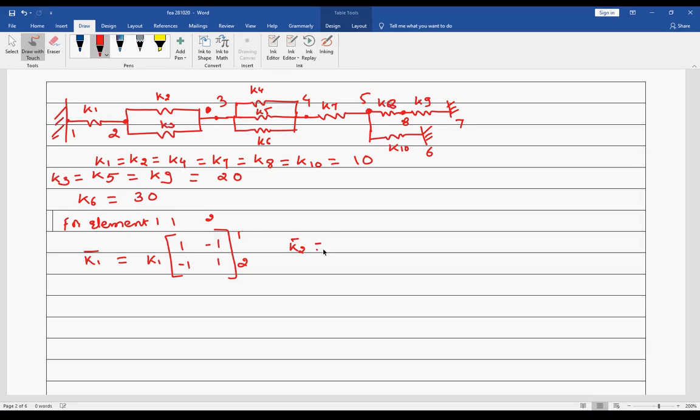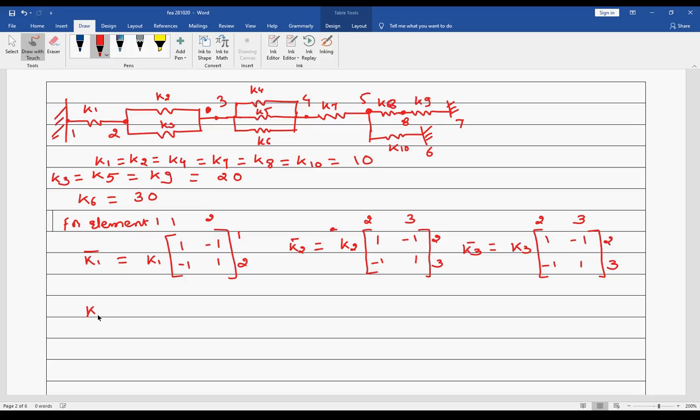Similarly, K2 bar will be equal to K2 times 1 minus 1 minus 1 1, and for K2 it will be 2 3 2 3. K3 bar would be equal to K3 times 1 minus 1 minus 1 1, and from the connectivity table it will be 2 3 2 3.